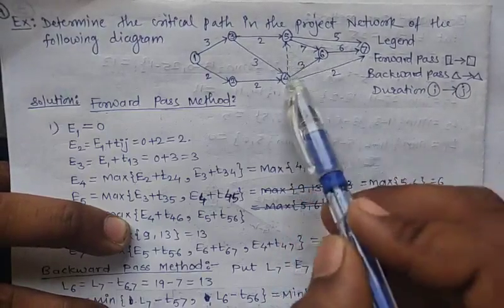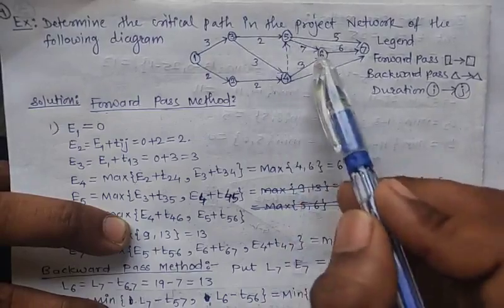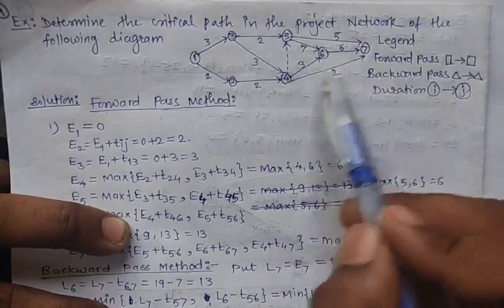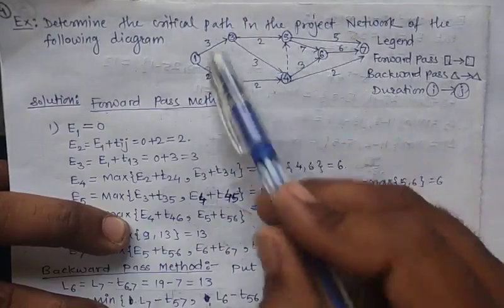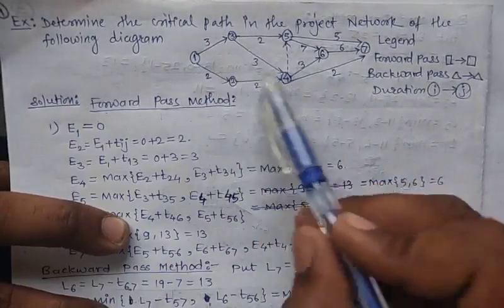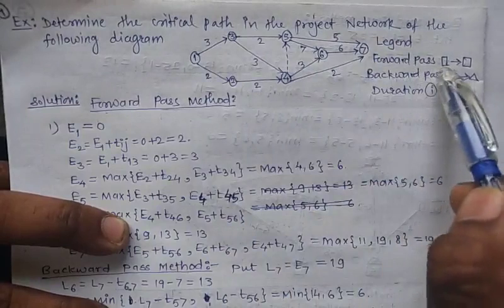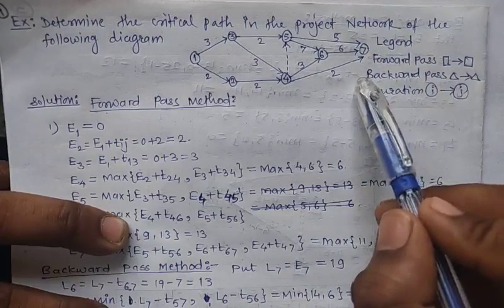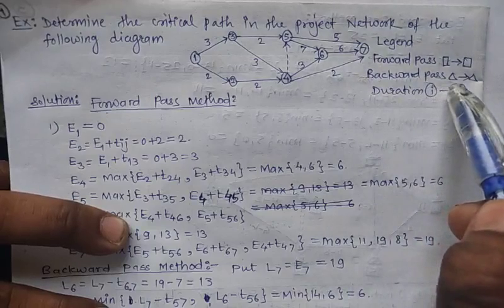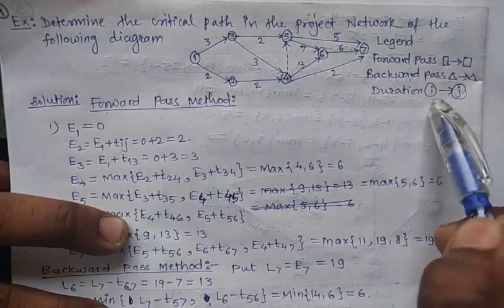Then 4 to 6, 5 to 6, 6 to 7, 4 to 7, and 5 to 7. In this diagram, all the activity times are given. The square notation is for the forward pass method, the triangle notation is for the backward pass method, and this is the duration i to j.